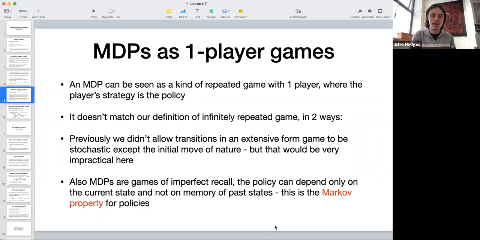And they're only allowed to use the knowledge of the current state. So this is the Markov property for policies or for strategies, and that's an instance of imperfect recall. Until now, we've seen imperfect recall as a weird thing that makes our life slightly difficult. But the Markov property is a specific kind of imperfect recall that actually makes our life easier.